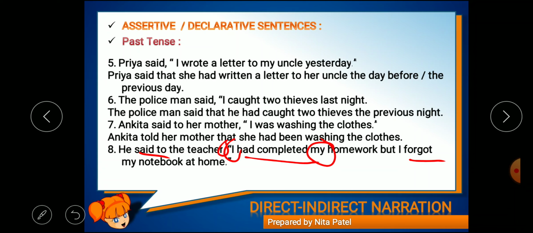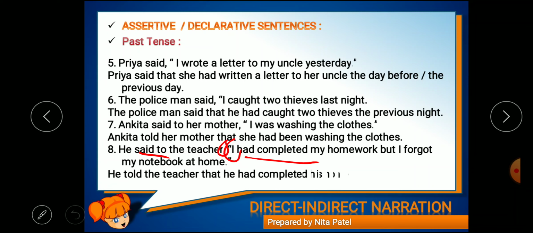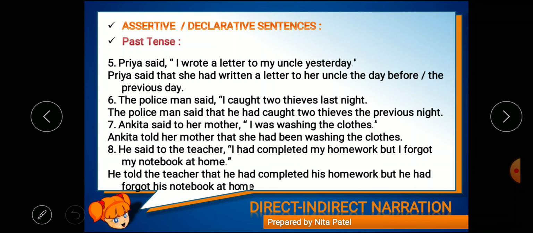It is simple past, will convert into past perfect. So forgot becomes he had forgotten his notebook at home. He told the teacher that he had completed his homework, but he had forgotten.